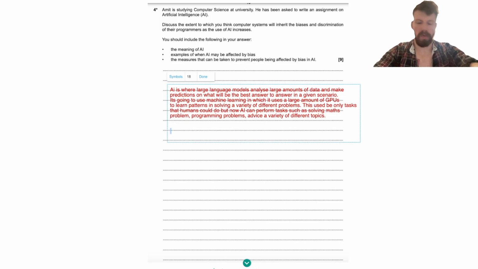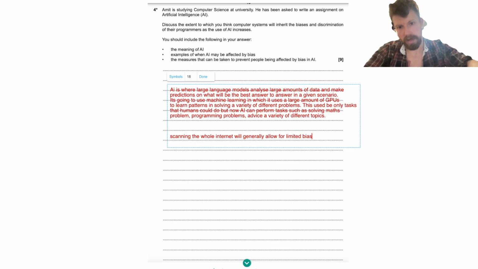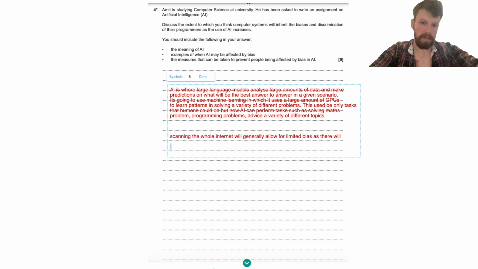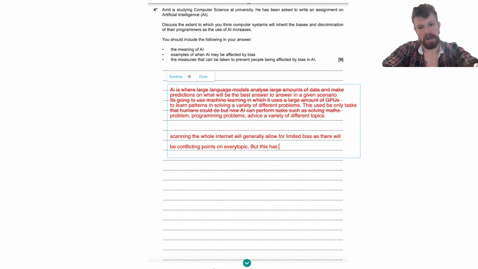Okay, so examples of where they might be biased in this. Scanning the whole internet will generally allow for limited bias, as there will be conflicting points on every topic, but this has been shown to have some bias.